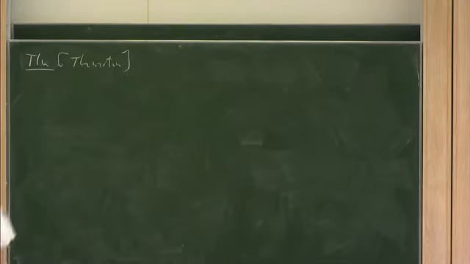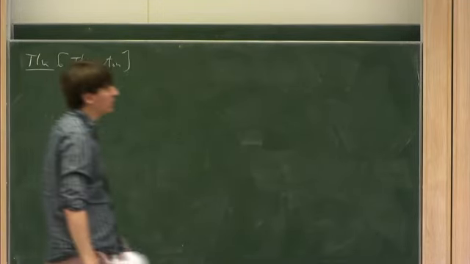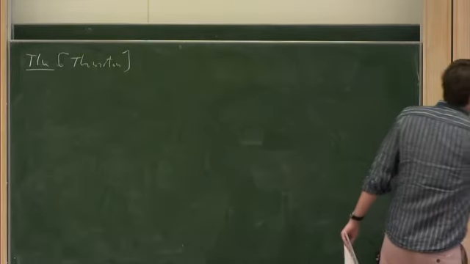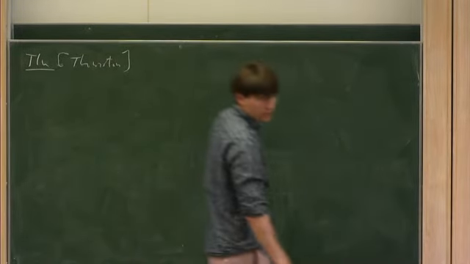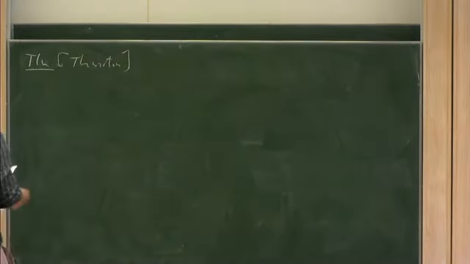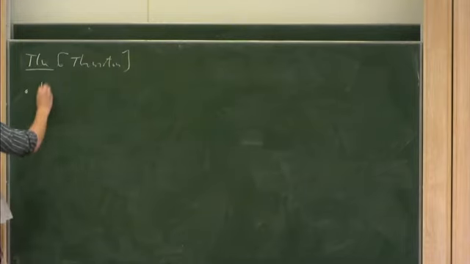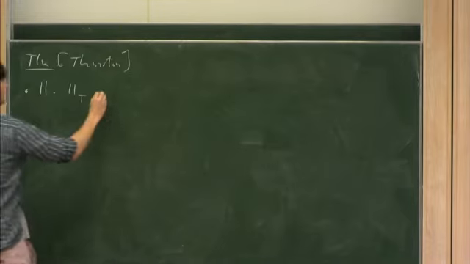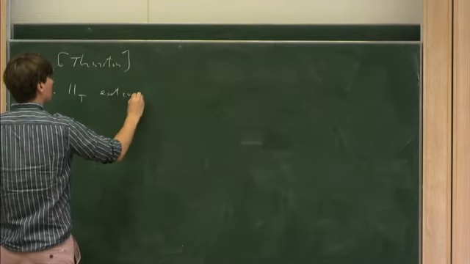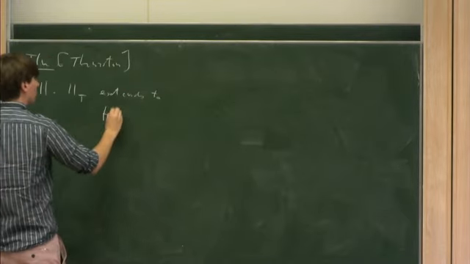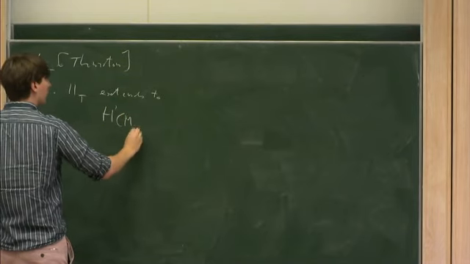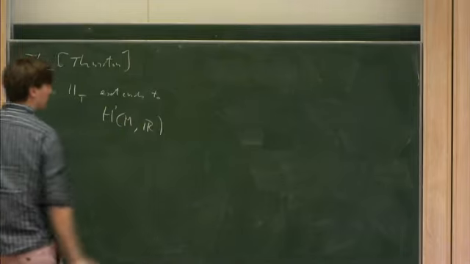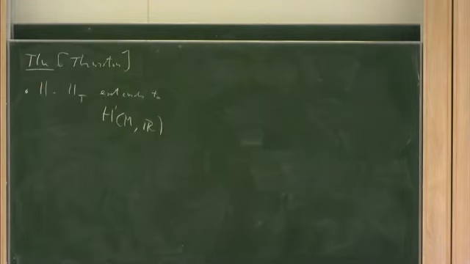The first thing is we define this Thurston norm only on integral cohomology classes, and we want to define it on real cohomology classes. So the first bullet point is that you can actually extend it to the first cohomology of the manifold with real coefficients. And this is just by continuity.